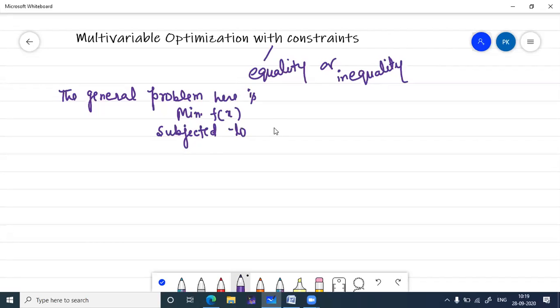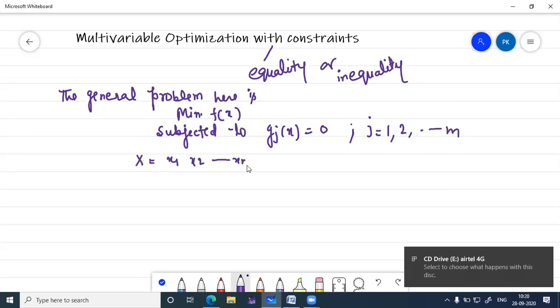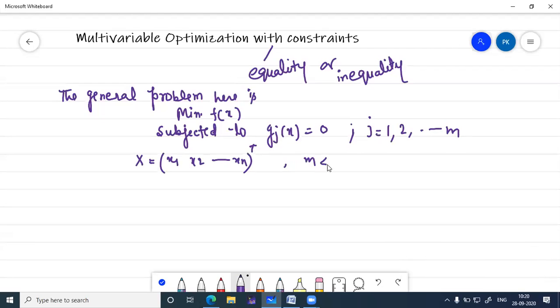So it's subjected to gj of x equals 0, and this j varies from 1 to m, meaning we have m constraint conditions here, and this x consists of x1, x2, up to xn, total variables here are n, and this m is less than n.